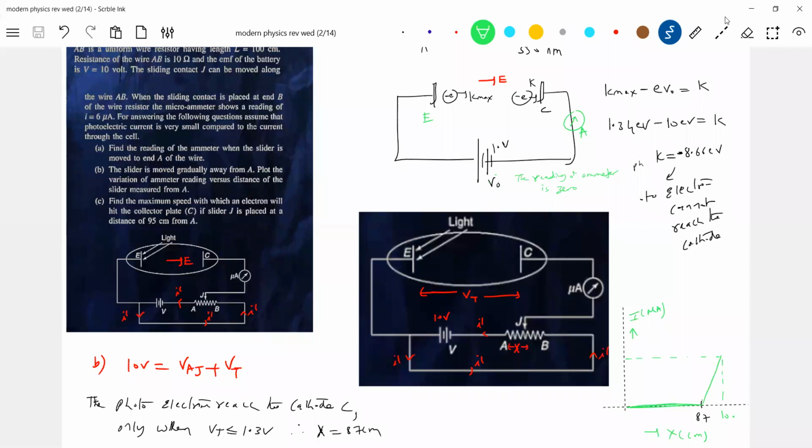But when x is equal to 100, all the electrons can reach C, so the total number will be more. It should be increasing, with increasing slope, but we cannot tell exactly what.